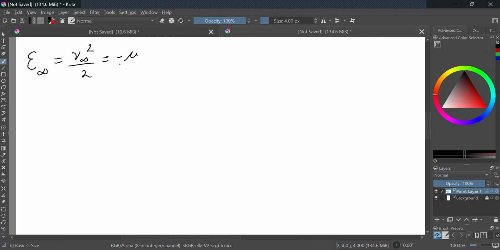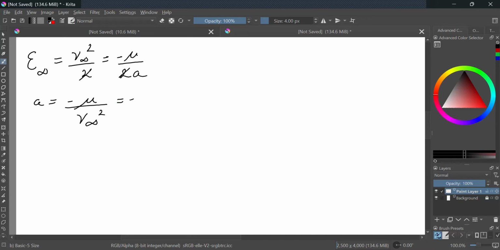Minus mu over 2a. Okay. That's looking pretty manageable. If I solve for a, then I can cross these two out. And I have that a is equal to minus mu over v infinity squared. With a positive mu value and a positive v, I will get a negative a, so that's nice.